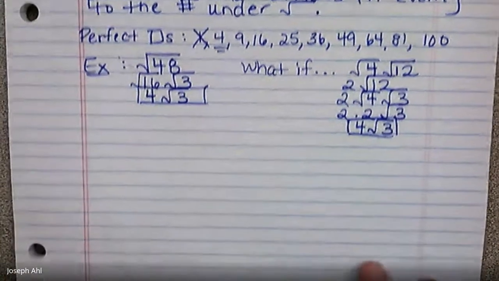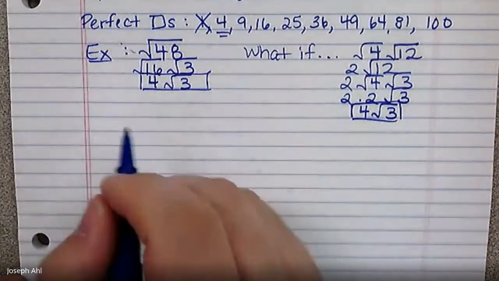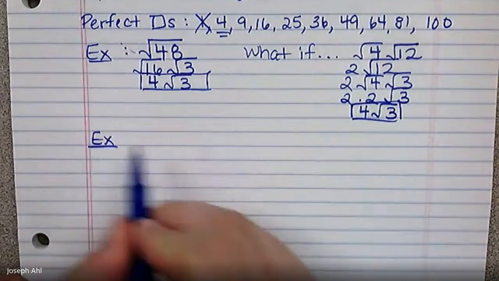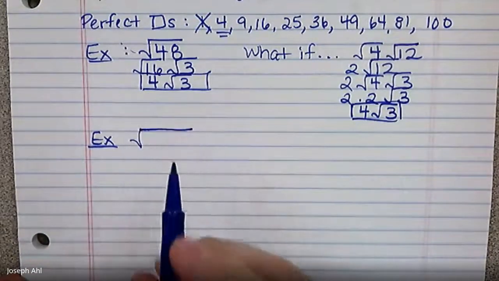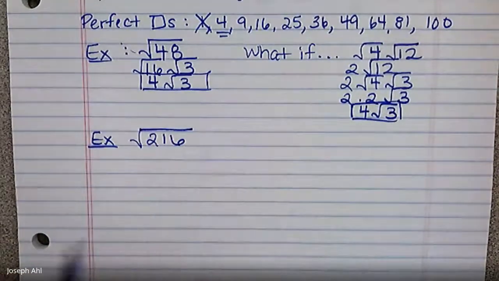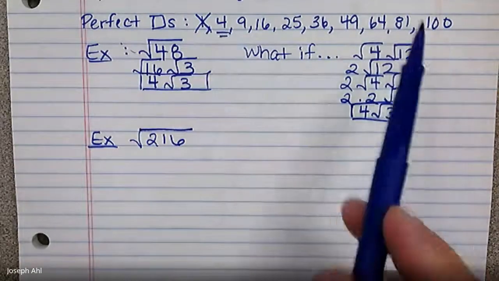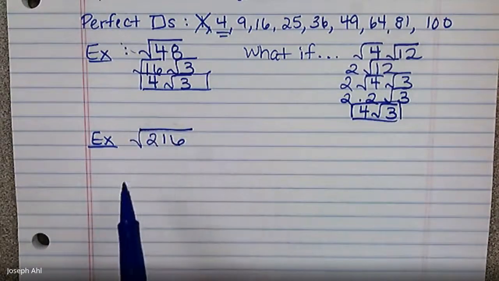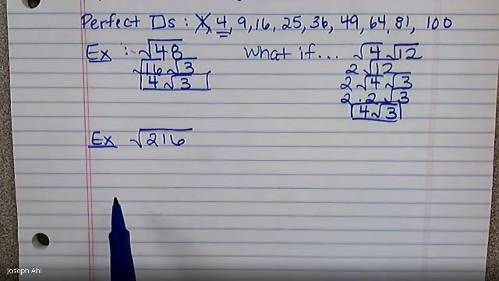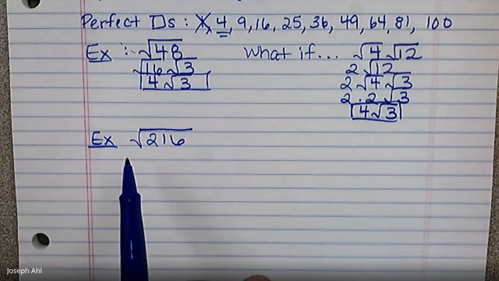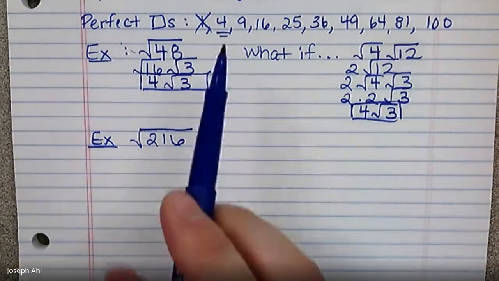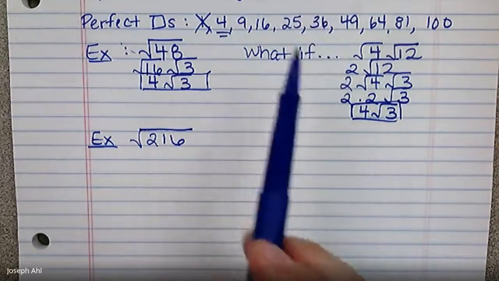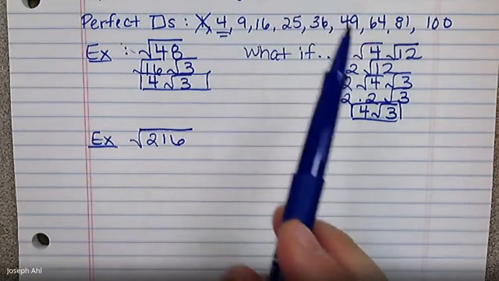Okay, let's do another practice. We'll make the number maybe a little bit larger to get started here. So for example, if I were to figure out the square root of 216, we want to look at our list up here and think about, hey, what are the perfect squares that might divide in nicely to 216? And you can play around with some of these values here. The largest one in the list is going to wind up actually being 36.